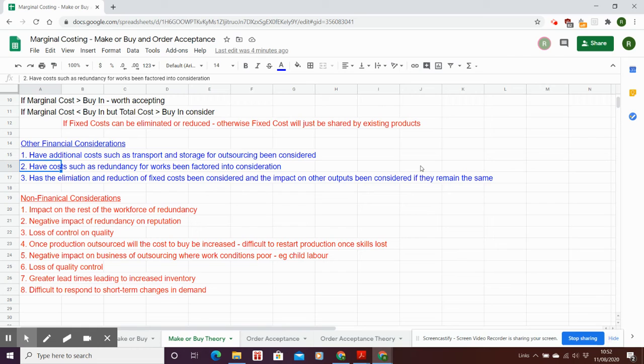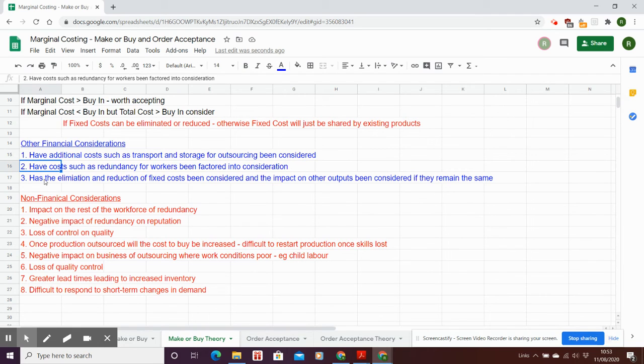Have costs such as redundancy for workers been considered and factored in? So if we're going to reduce our production, we are going to lose workers. If those workers have been with us for a number of years, have we got to pay them money for severing their contract?